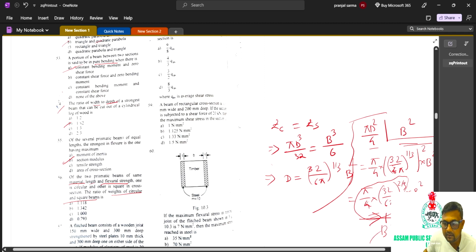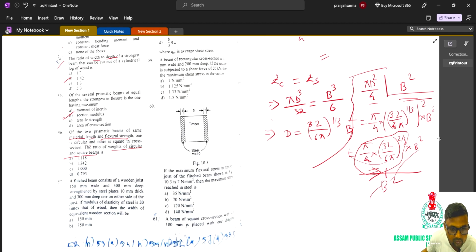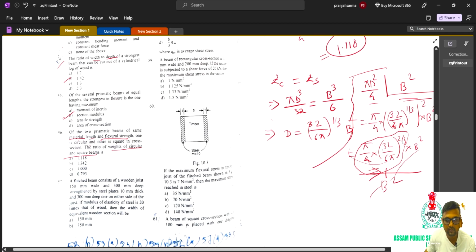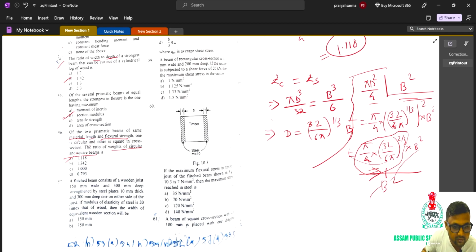This value is the answer. So let me write pi by 4 into (32 by 6 pi) to the power 2 by 3. This value is 1.118. So this is the answer. Okay. Wait.